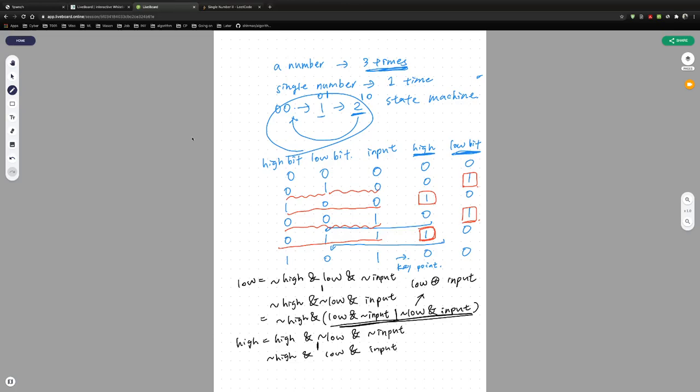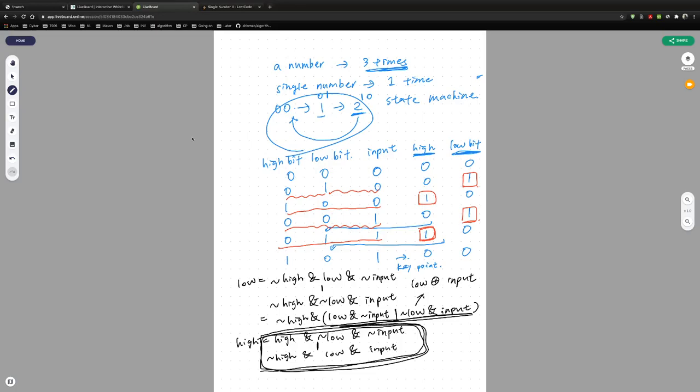Let us see if we can simplify it. There is nothing we can get from this expression, so we can just use it as our result for the high bit, even though it seems like a more complex equation. So this is our idea.